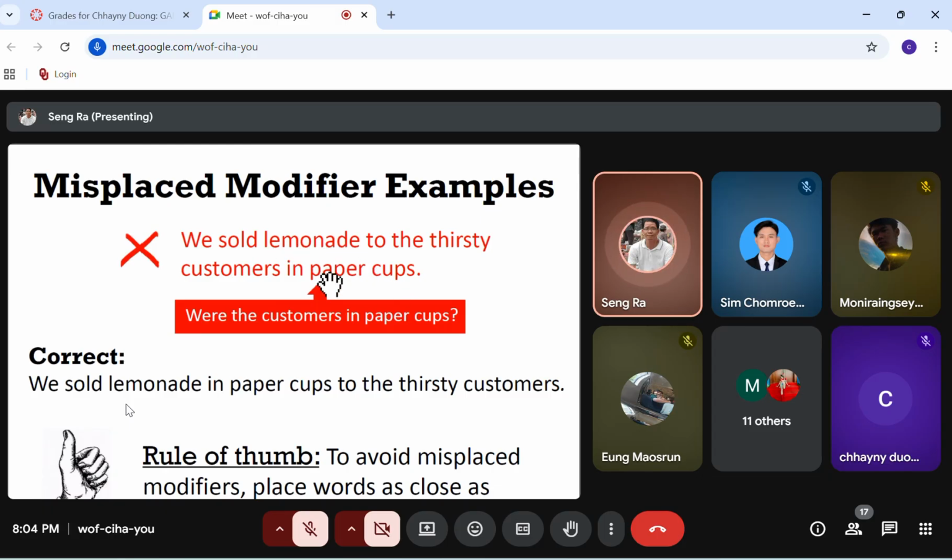So is that possible? Can this exist in the real world? Oh, the customers in paper cups? That's impossible. How can you sell lemonade to the customers in paper cups?